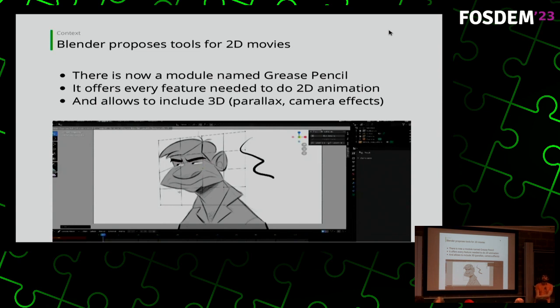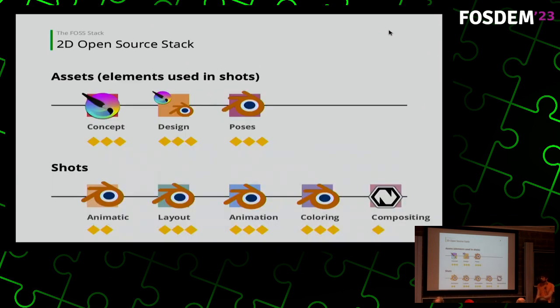Blender recently introduced Grease Pencil, so it allows to do 2D inside Blender. It's really a huge change because prior to that there was no efficient software to do 2D animation in the open source world. So now it allows to use Blender on the whole pipeline of a 2D production, the same way as we use it on a 3D production.